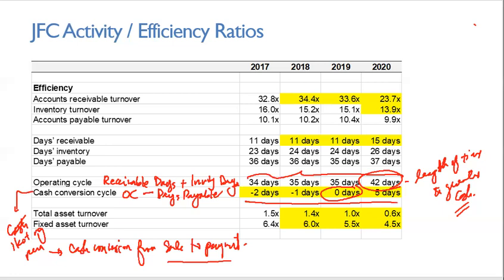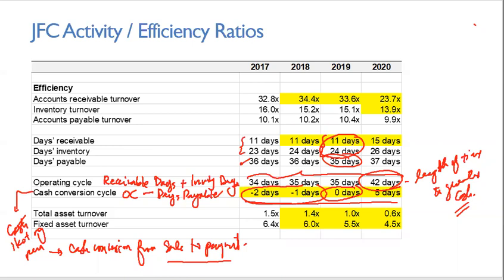Okay? It means the amount of days that I need to generate my cash, okay, is equal to the number of days I need to pay my accounts payable. So 0 cash conversion cycle means bawal magkamali. Right? Diba? Okay. So pag negative naman yung cycle, ibig sabihin mas mabilis silang mag-generate ng cash kaysa mag-pay.